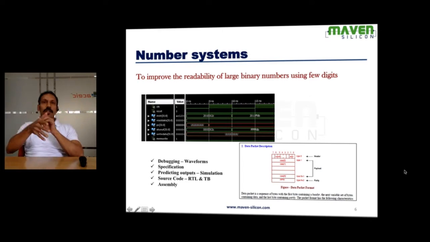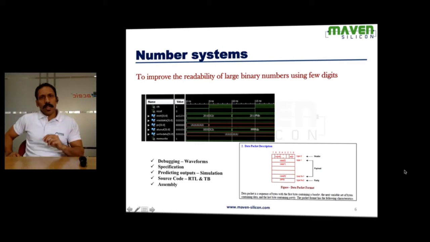So you don't want to look at everything in terms of binary because it's going to be very huge. Instead, you can look at those values in hexadecimal or octal. It would be easy for you to interpret and compare the output values with expected values, and then you can find out whether the waveform is clean or not.